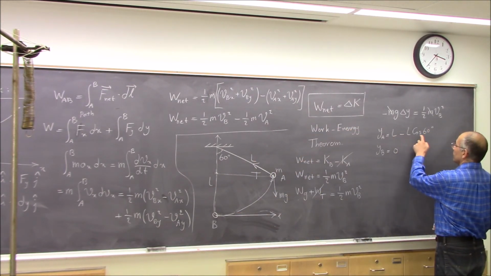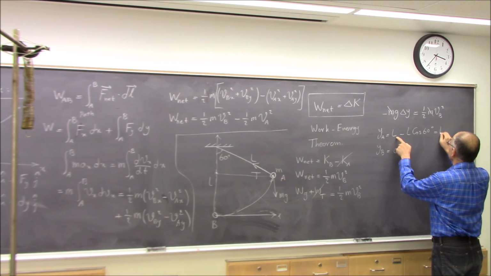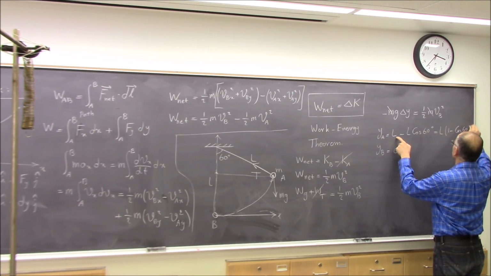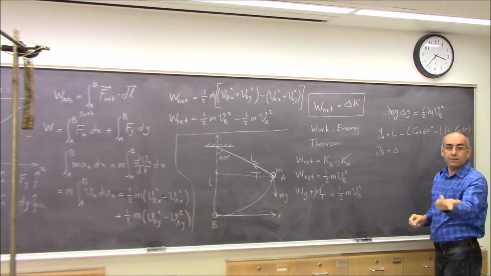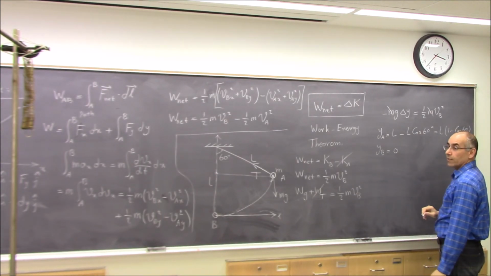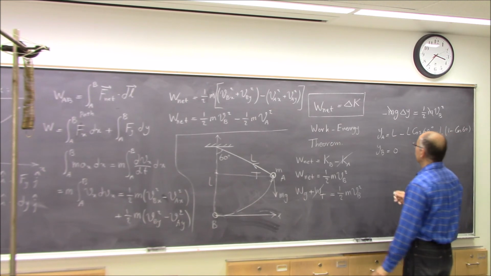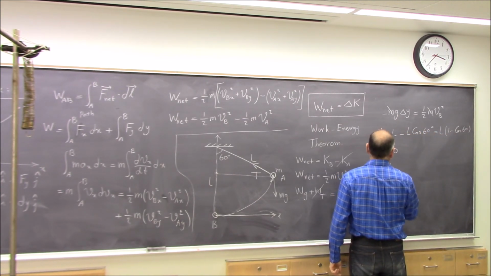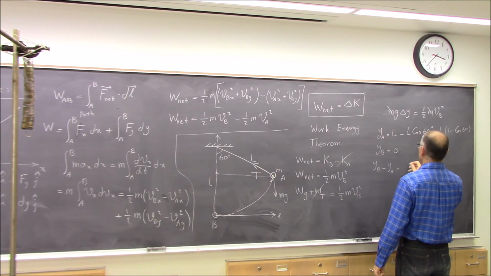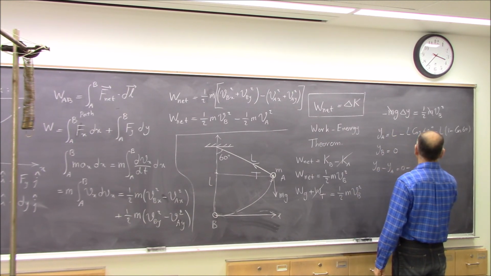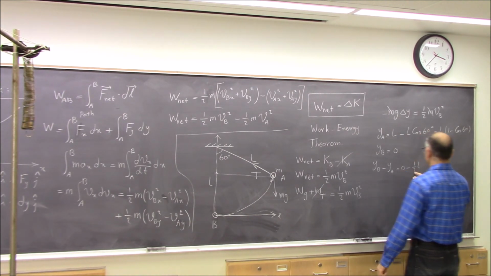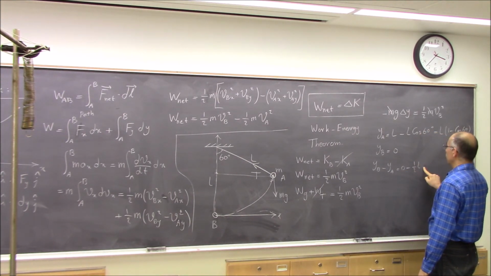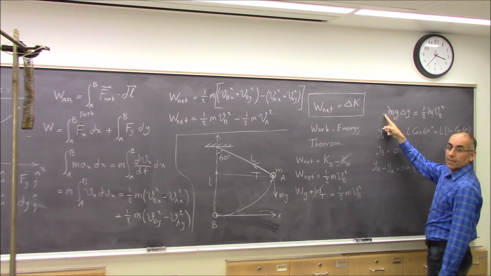So how much is that one? It becomes L times one minus cosine 60. Cosine 60 is one-half, so one minus one-half is one-half L. So Y_B minus Y_A is 0 minus one-half L, negative one-half L. We put that in here, and it cancels this negative sign.